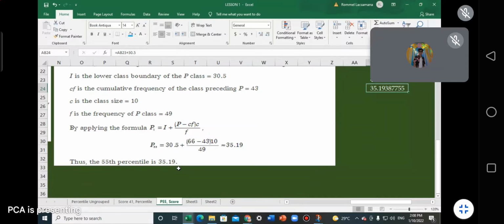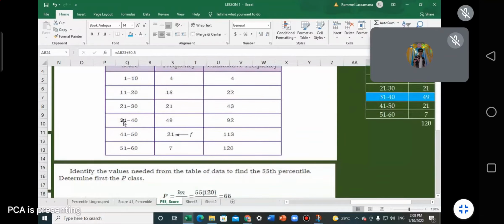If you want to round it off, the score is 35. It's not 36, it's 35. You see it here in this table: the 55th percentile rank is 35. It's found in here.